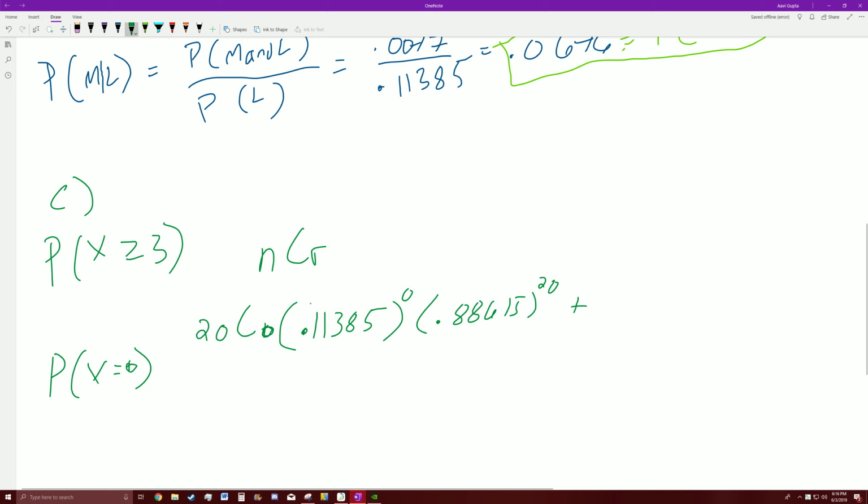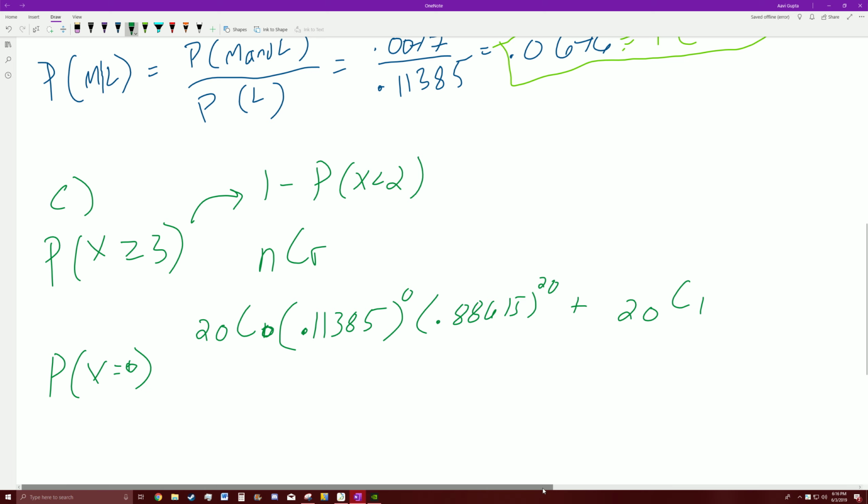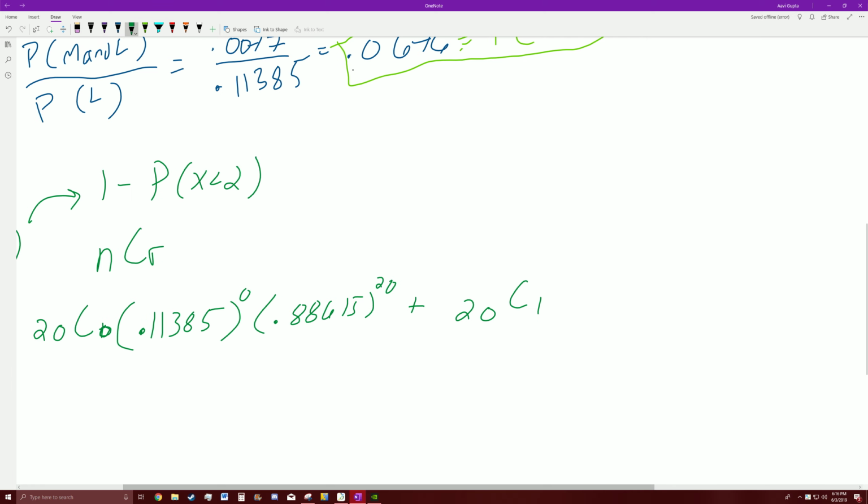So it's basically 1 minus the probability that X is less than 3, and that's what we're going to do here. We're doing 0, 1, 2. So plus 20 choose 1 of 0.11385 to the first, times 0.88615 to the 19th.